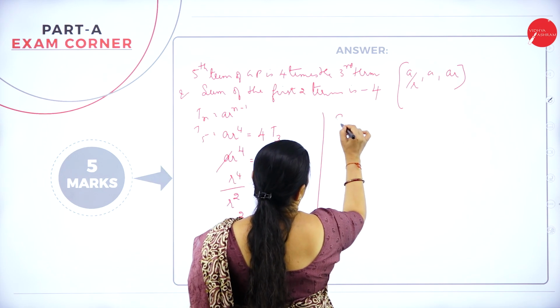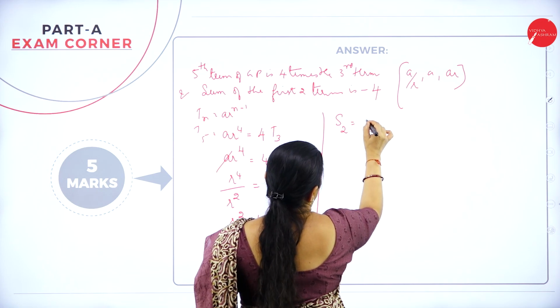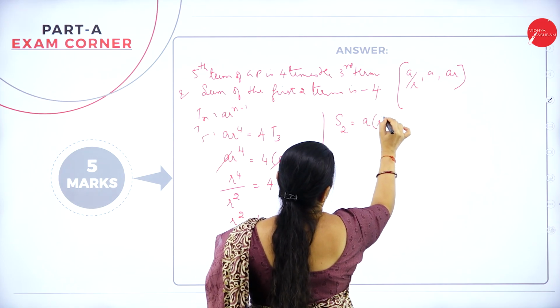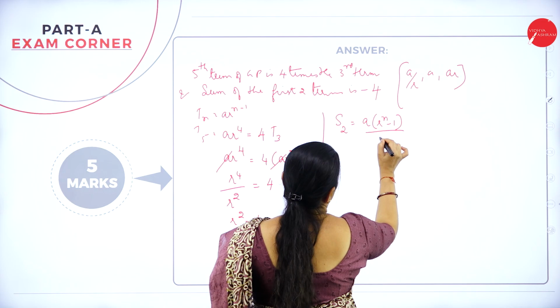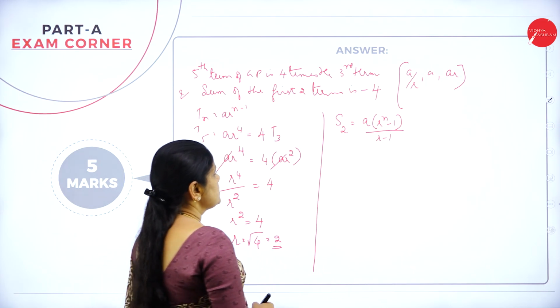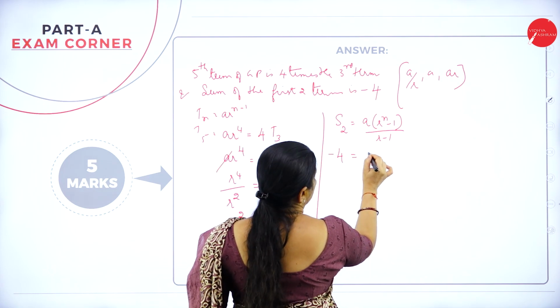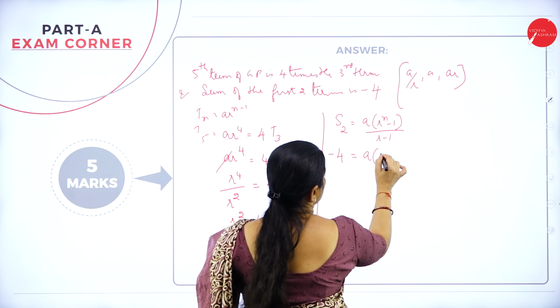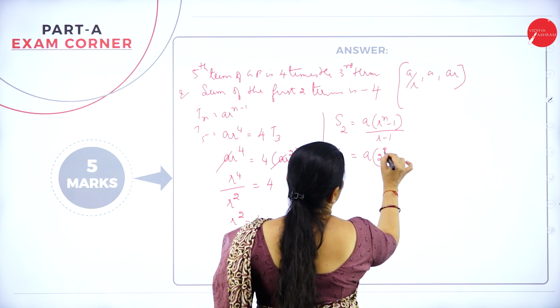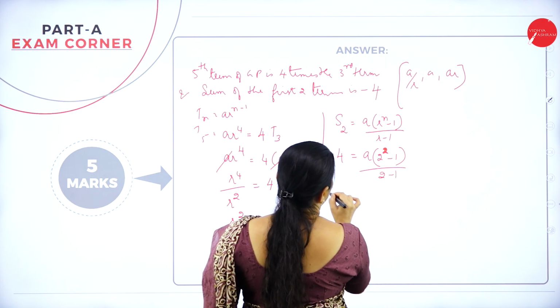So S2 will be equal to A into R to the power of n minus 1 divided by R minus 1. So this S2, which is minus 4, equals A into 2 to the power of 2 minus 1 divided by 2 minus 1.